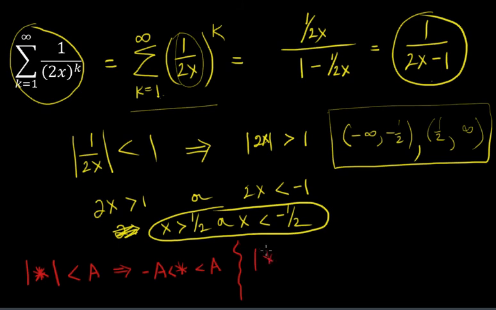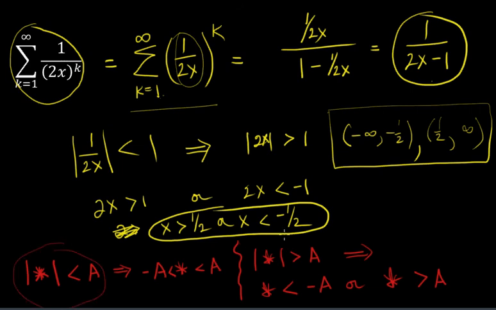And if you have an expression, the absolute value of star is greater than some number a, of course in both cases a has to be a positive number. If it's greater than a, that means that either star is less than minus a, or star, whatever that expression is, is greater than a.